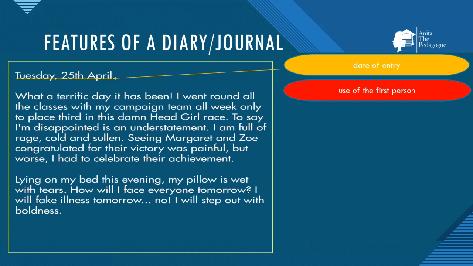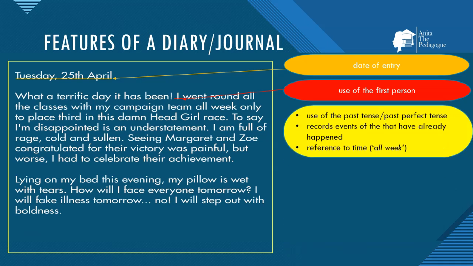Remember that a diary is usually about the writer. It recounts the experiences and activities of the writer. So it uses the first person narrative, I. So you realize that throughout this sample diary, there is the use of the first person narrative, I, showing that it is about the writer.